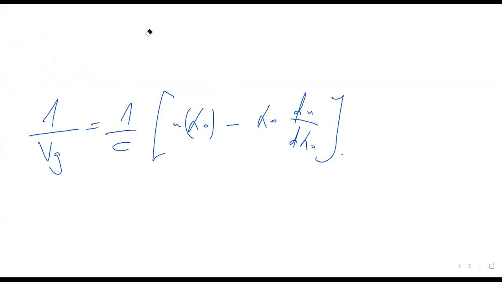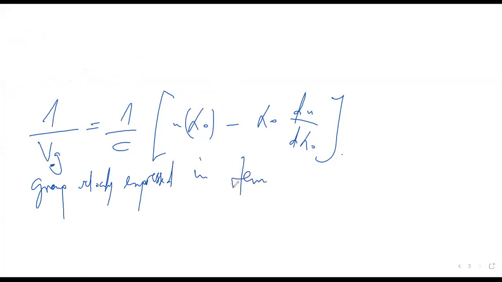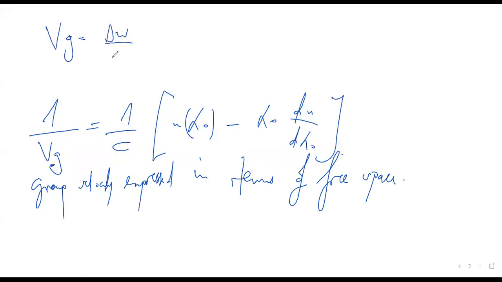It has what we have already introduced, which is the group velocity. The formula as a whole is the group velocity expressed in terms of free space. Of course, we define group velocity in simple terms here as delta W over delta K. But what is delta W over delta K?